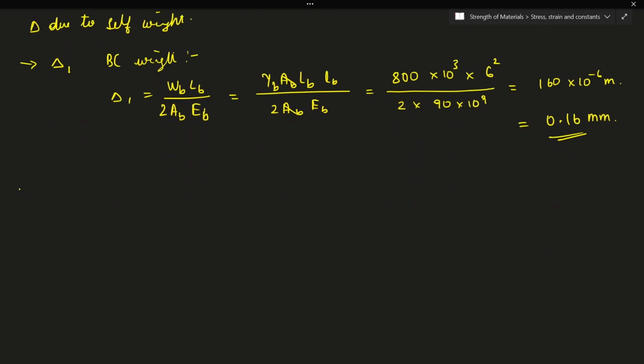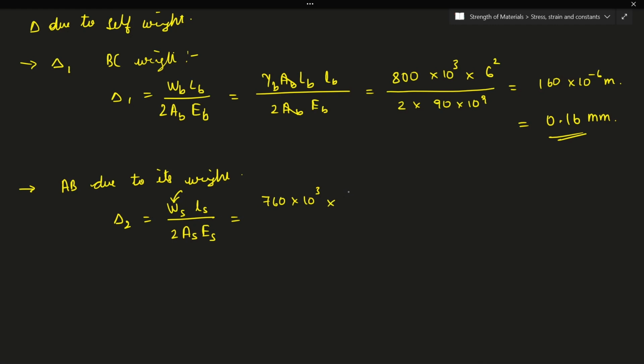Okay, now I'll consider AB, the steel bar, due to its weight. Now I'll call it delta 2, which is nothing but WS into LS divided by 2 into AS into ES. Again, upon simplification, substituting W in terms of gamma, gamma is nothing but 760 into 10 to the power of 3 into AS, which will be cancelled in the denominator and numerator, and again LS will be squared.